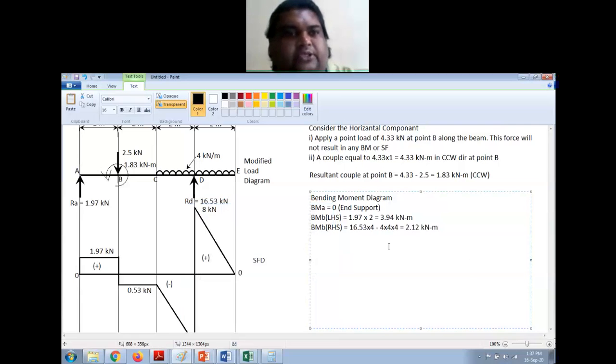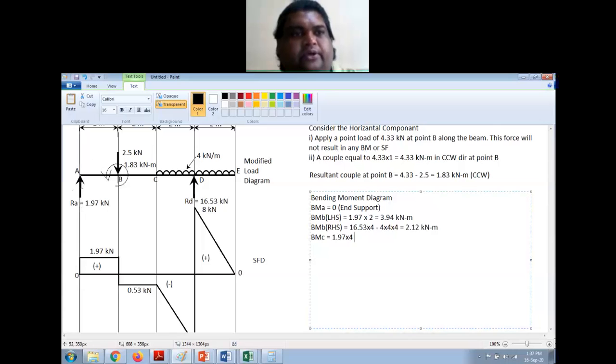Let's go to next point, that is C. Now from here onwards you can take any one side, you don't have to take both sides. So BMC is equal to, I'll take left side only, so it is 1.97 into 2 plus 2 is 4 meters.